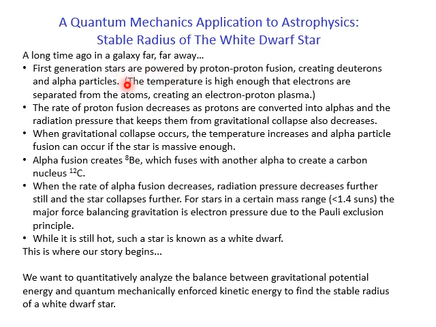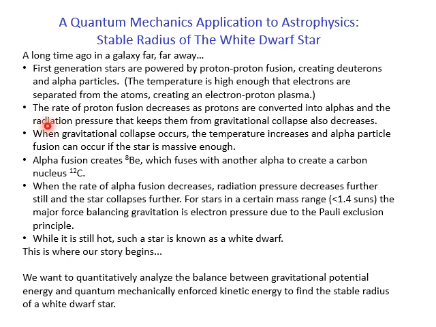that then form a plasma with the electrons again. The whole system is neutral, so we're going to ignore electrostatic interactions. And we will claim, because this is a star, that the temperature is high enough that electrons are separated from the atomic nuclear cores, and that's what creates our plasma. The rate of proton fusion is going to decrease as protons are converted into alpha particles.